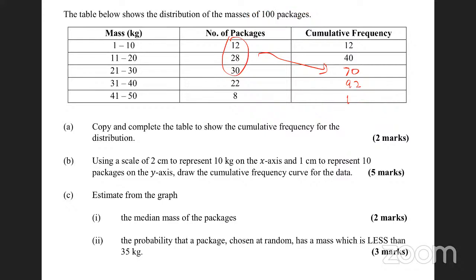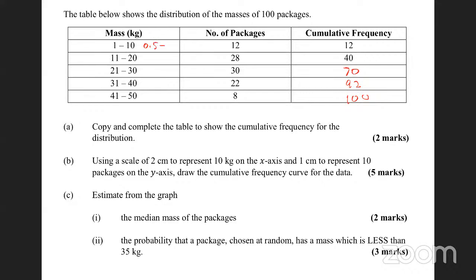Right, before we plot all here, there's something we have to do. Come to the table, right? But before we plot, what do we do? Get the boundaries. And then what? We need boundaries here, right? So this will be 0.5.